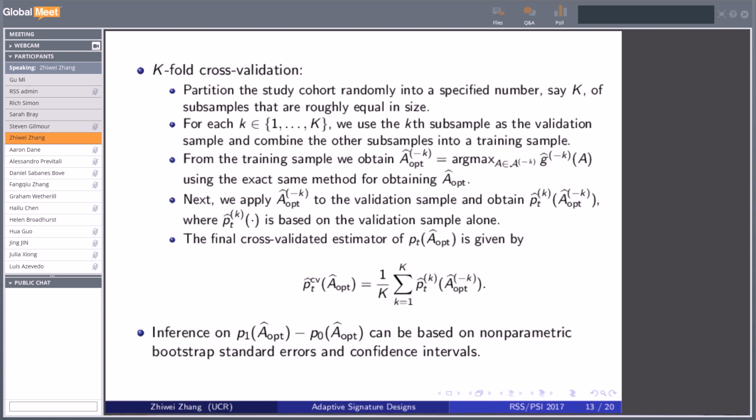So we repeat this procedure for each subsample as the validation sample and average the resulting estimates into a final cross-validated estimate. To make inference about the treatment effect for the chosen subset, we use a non-parametric bootstrap procedure that repeats all steps in subgroup selection and cross-validation for each bootstrap sample of n subjects.